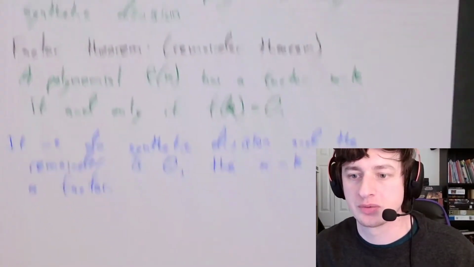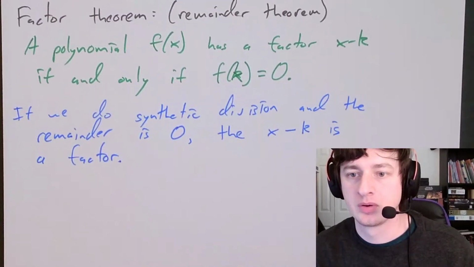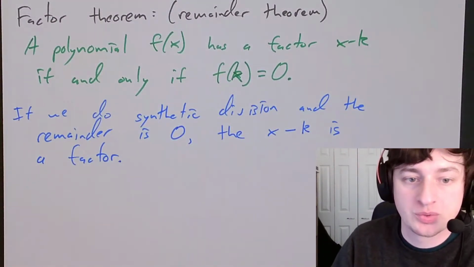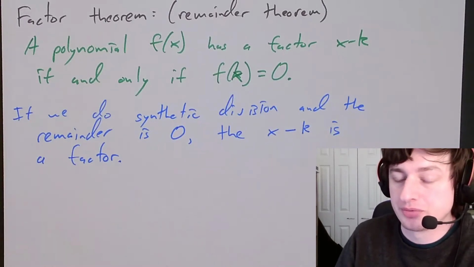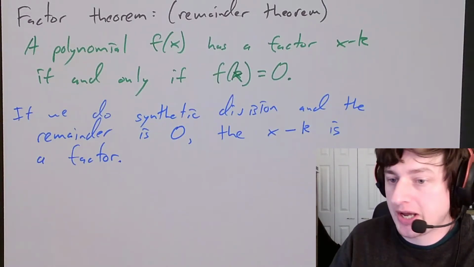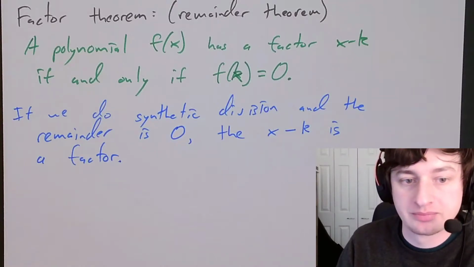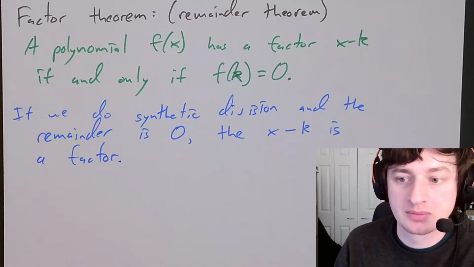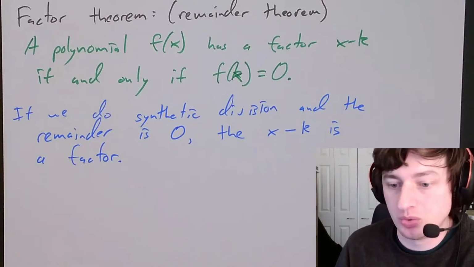And my picture's covering up some text, isn't it? Okay, so we're going to have a polynomial, and we're just going to check, when I divide by this thing, do we get 0 at the end? Hopefully the answer is yes. It might be no.